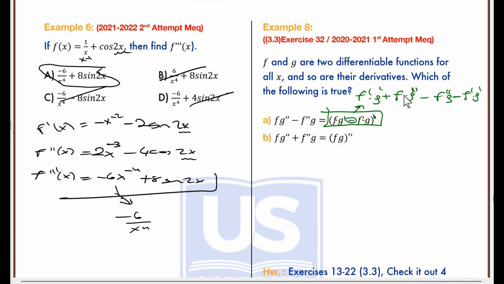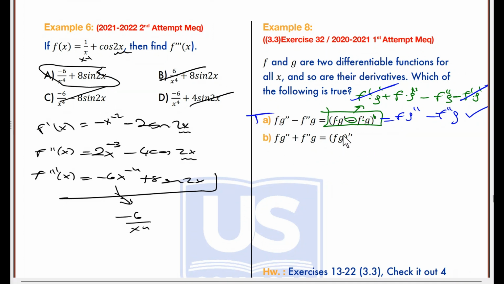Now, is there any simplification? f prime g prime, f prime g prime will cancel each other. So we will be left with f g double prime minus f double prime g. Is that the same? f g double prime minus f double prime g. Yes, it is exactly the same. So that's true. A is true.